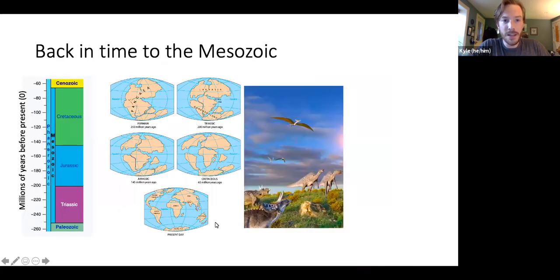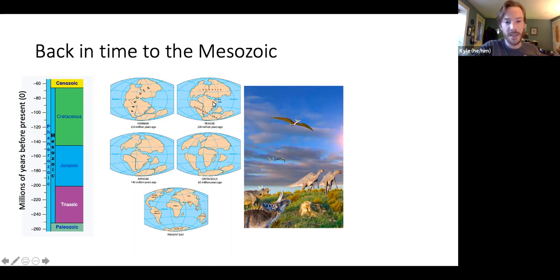So first, a little bit of background. We have to go way back in time to the Mesozoic, which was an era of Earth between around 250 million years ago up until around 65 million years ago. So things were, as you can imagine, pretty different on Earth back then.